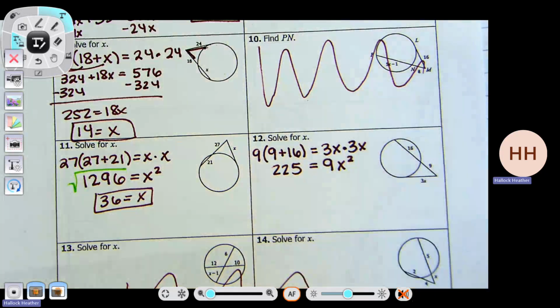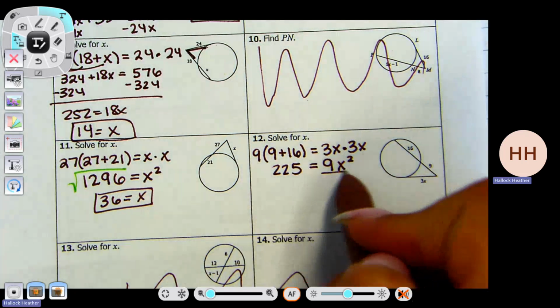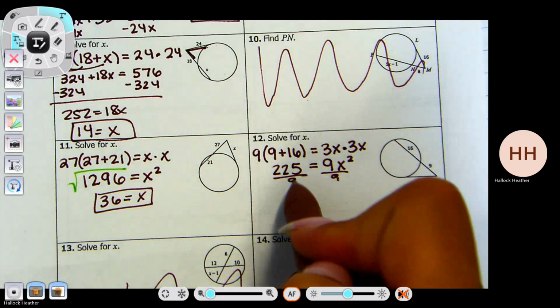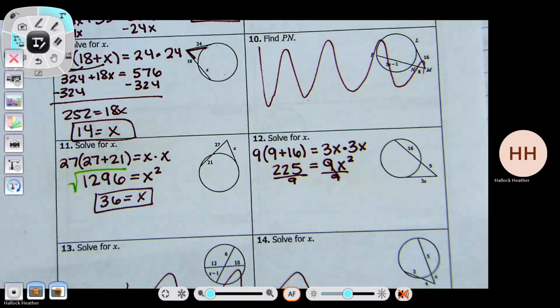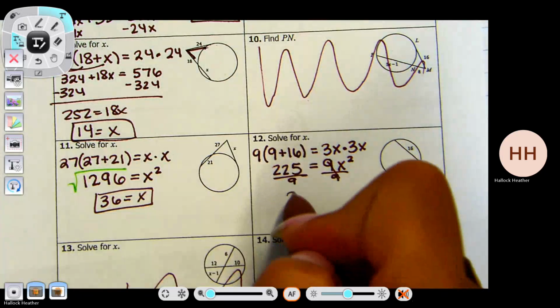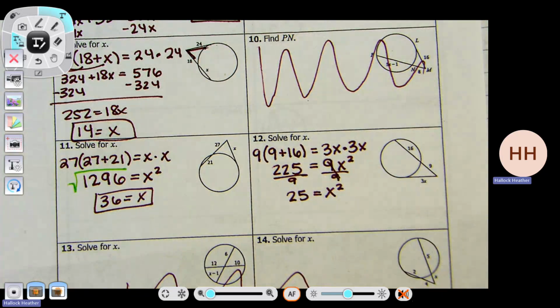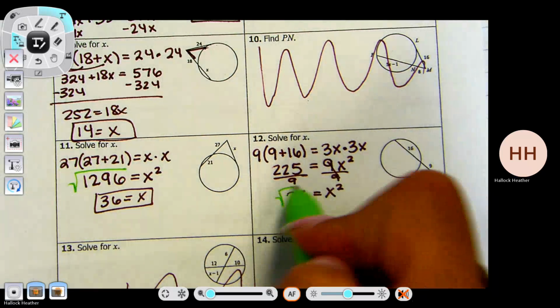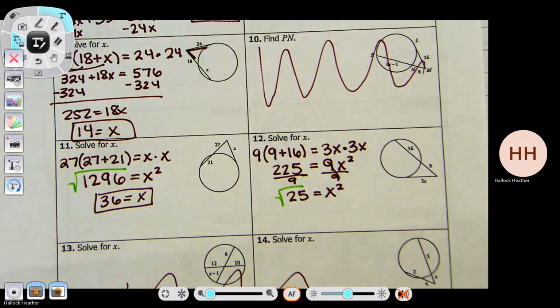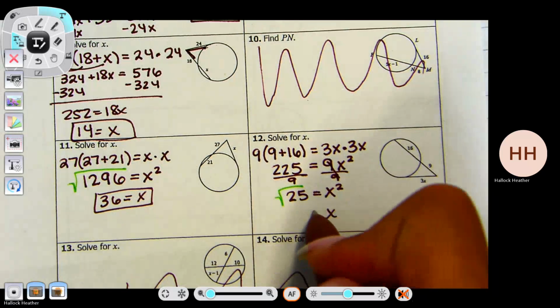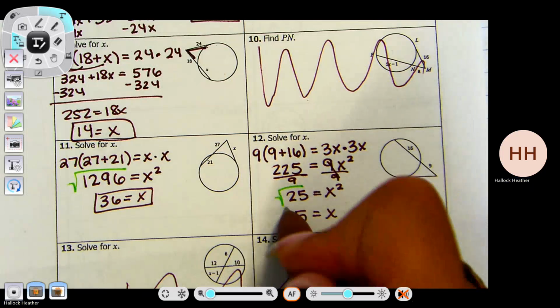So how do I get rid of the 9? Divide by 9. And then I can square root it because x is by itself now. So x is 5.